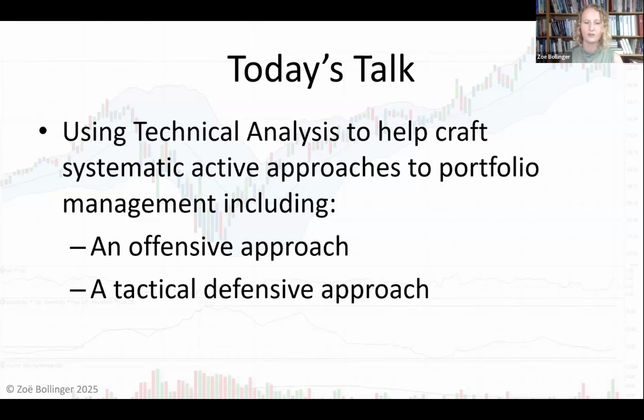So today I'm going to give you two examples. I'll walk you through a more offensive, aggressive approach. We'll talk about some relative strength approaches to investment management. And then I'll walk you through the process of building an approach that has more of a defensive bent, more of a risk management bent. And TA really offers us a lot of tools for both.